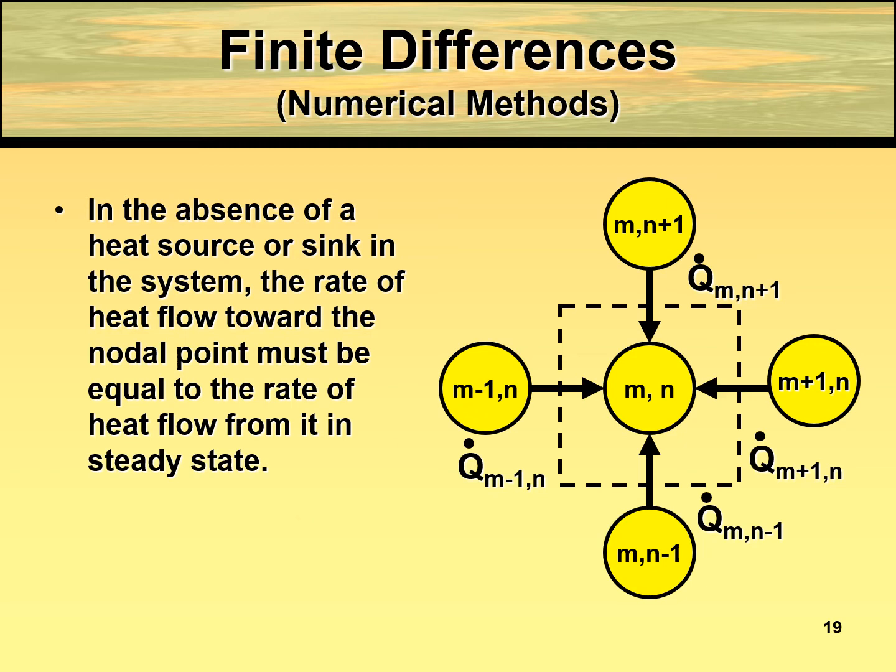For example, if you have a coordinate of 2,2, the node right above it is coordinate 2,3, the node below it is coordinate 2,1. The node towards here is coordinate 1,2, and the node towards here is coordinate 3,2.